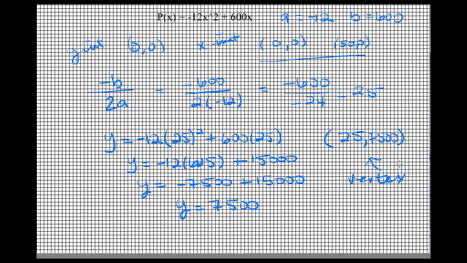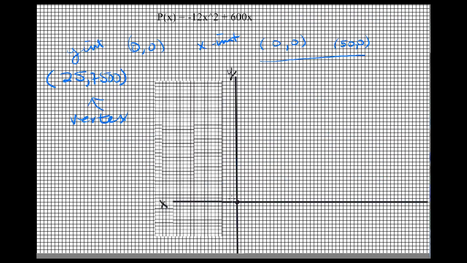Now that we have our y-intercept, our x-intercepts, and our vertex, let's graph this parabola. We know our y-intercept is (0, 0), and our x-intercepts are 0 and 50.